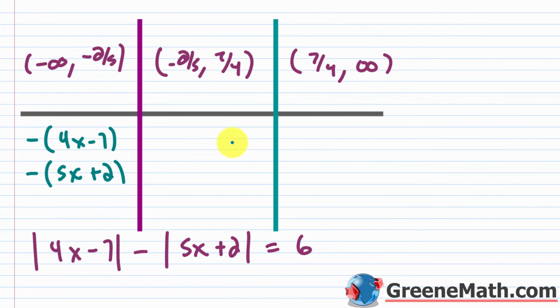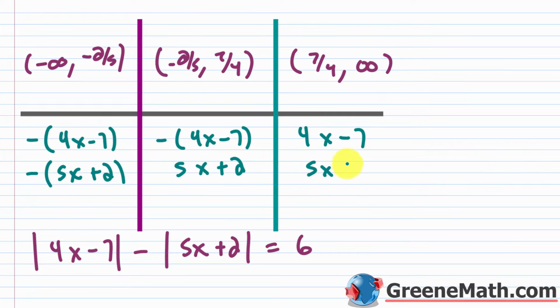Then for this one right here, this guy will be positive, or you could say non-negative if you included this. So I'll just have the 5x plus 2 here. And this guy is still going to be negative. So the negative of this quantity 4x minus 7. And then in this guy right here, again, if you included this, then this guy would be non-negative and the other guy would be positive. But if you exclude it like I did, they're both positive. So 4x minus 7, again, it doesn't change your answer if you include it or not. And then you have 5x plus 2.